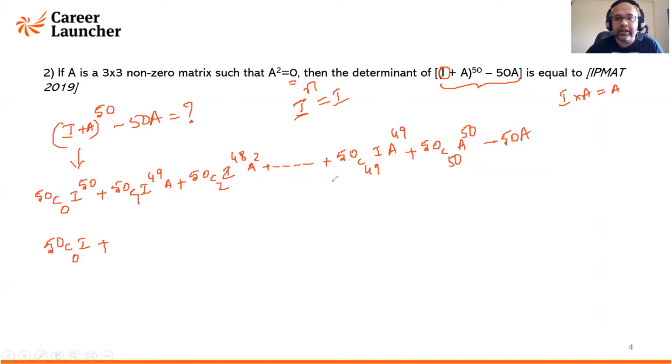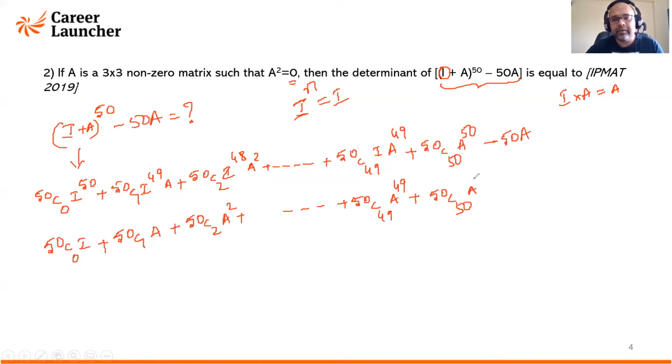Which means the second term becomes 50C1 I power 49 is I, and I into A is A itself. So everywhere else you will be having only A, 50C2 A square plus and so on up to the last two terms 50C49 A power 49 and finally 50C50 A power 50 minus 50A. Right, till here it's clear.